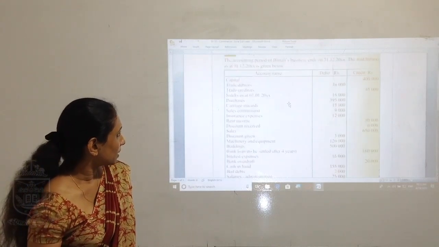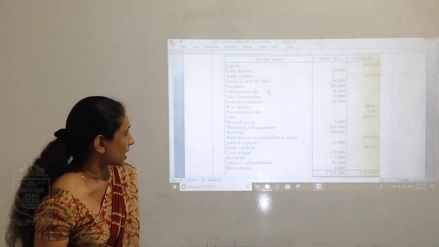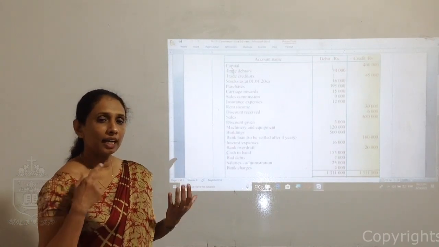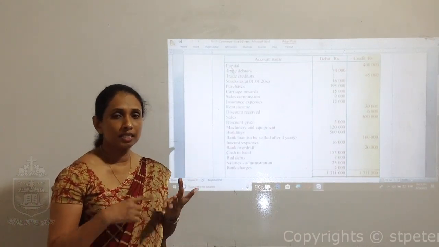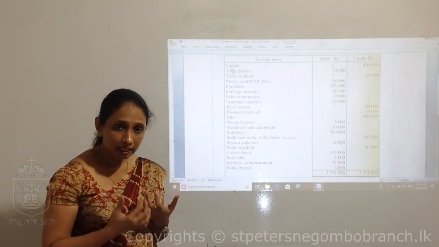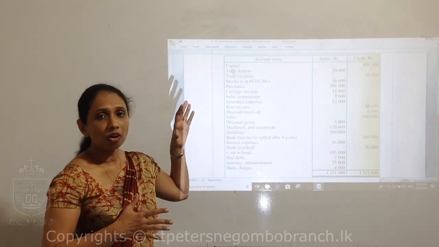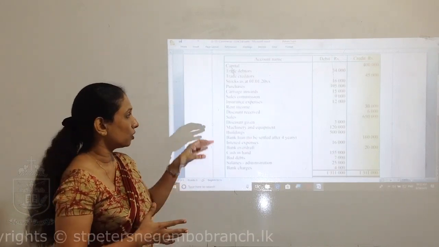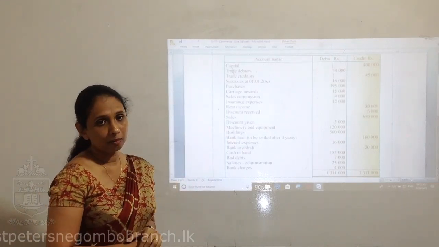If we read the trial balance carefully, you can see there are assets, liabilities, equity items, income figures and expenses. All the elements of accounting are there in this trial balance.